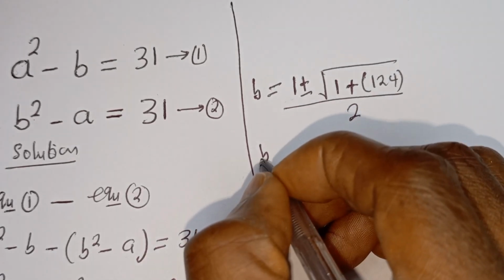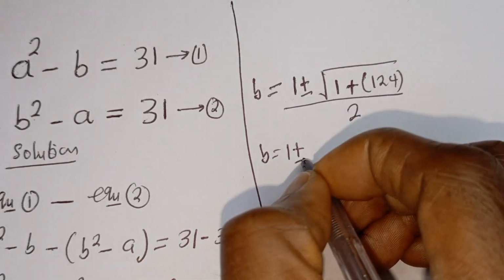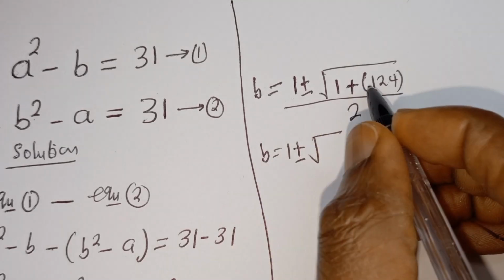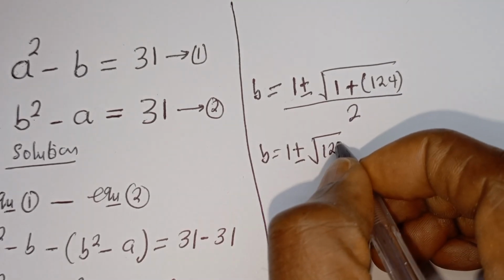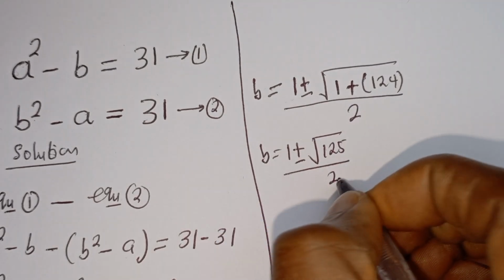Here we have b is equal to 1 plus or minus square root of 1 plus 124, that is 125 over 2.